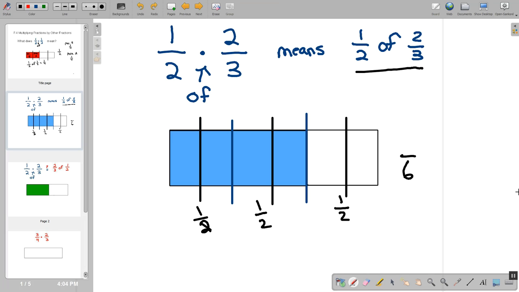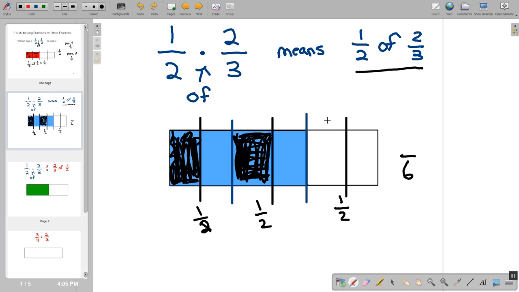So I turned my thirds into sixths. But I wanted to take a half of this piece, which means that I shade in 1/2 of this chunk. So I shaded one of the two, but not this one. Then in this piece right here, I want to shade in 1/2. So one of the two, but not both. And then I go to the last piece and I want to shade in half of nothing.